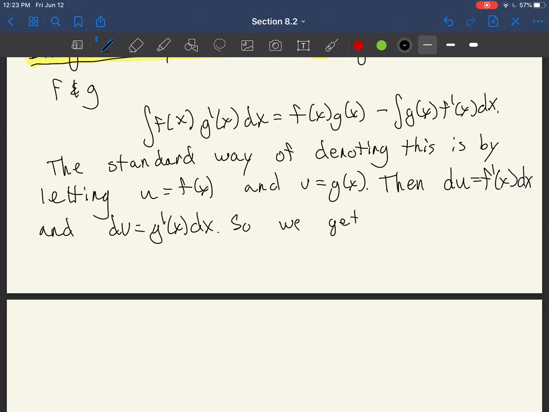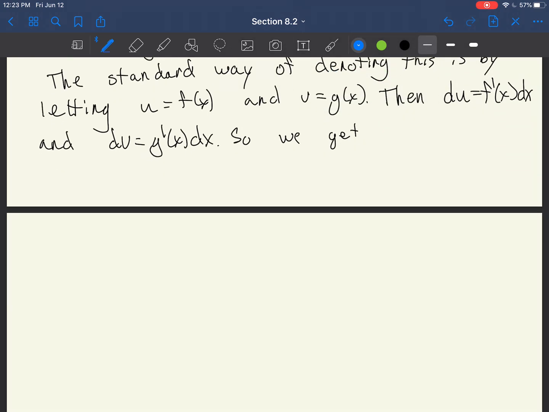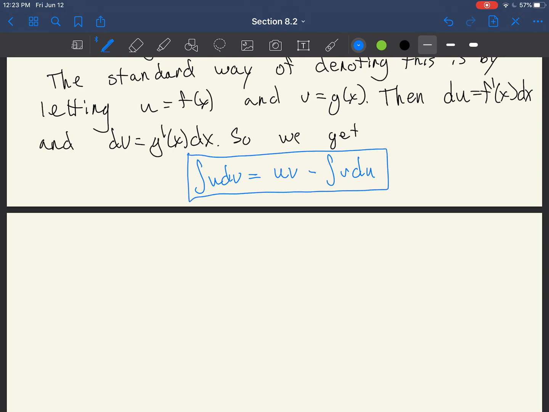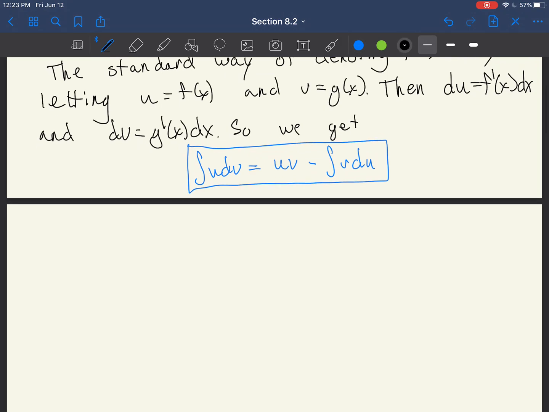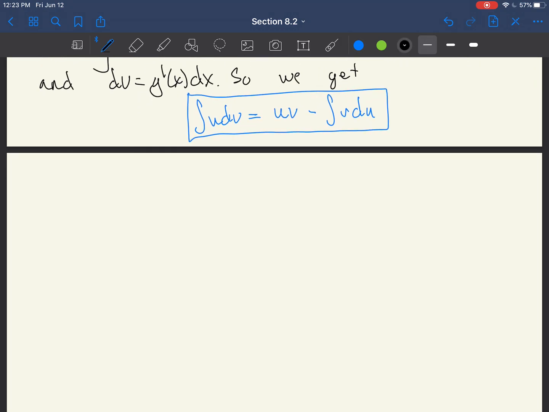So we get the standard integration by parts formula. The integral of u dv equals uv minus the integral of v du. It's in blue, which means you need to know this.